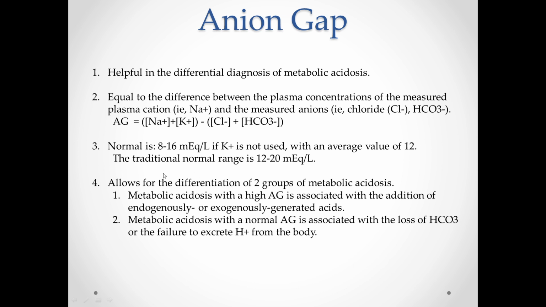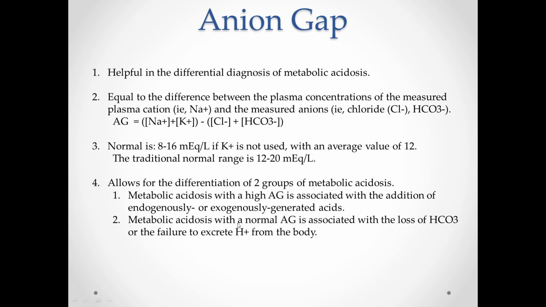Now what the anion gap does is it allows for the differentiation of two groups of metabolic acidosis. A metabolic acidosis with a high anion gap is associated with the addition of endogenously or exogenously generated acids. These would be acidoses in which you would not administer bicarb.